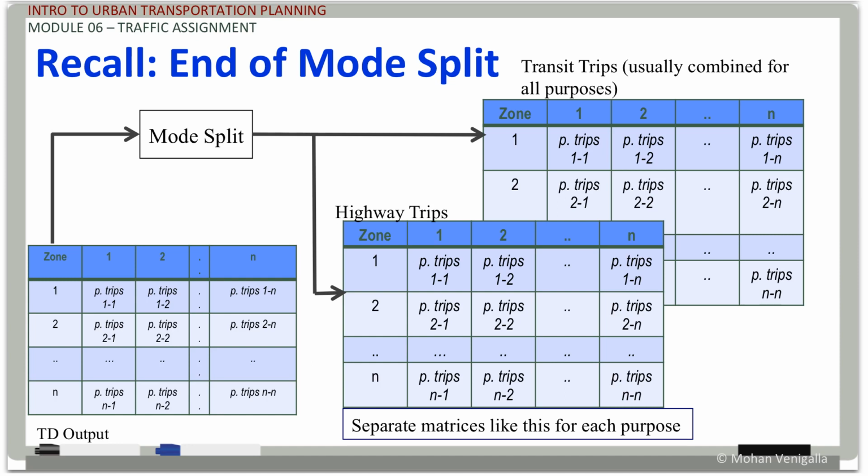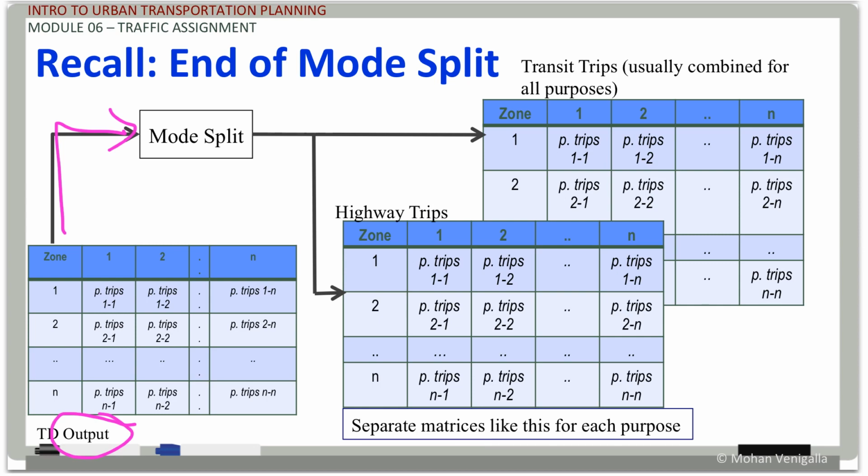Now that trip purpose specific trip distribution output will become input to mode split, and you run through the mode split process for each zone pair where there are alternatives clearly specified. Remember I said what I mean by each zone pair.